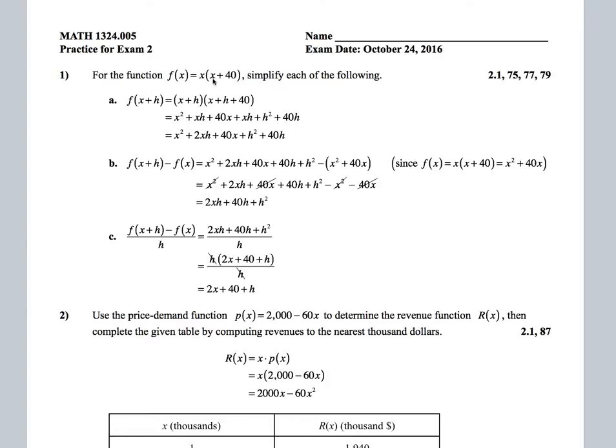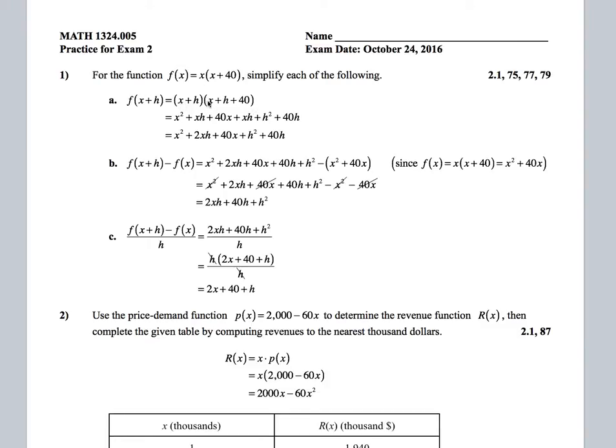Here I don't need a separate set of parentheses because they're already inside parentheses, and all of the operations inside those parentheses are addition. Well, now to simplify this, I expand by multiplying each term in the first expression by each term in the second.